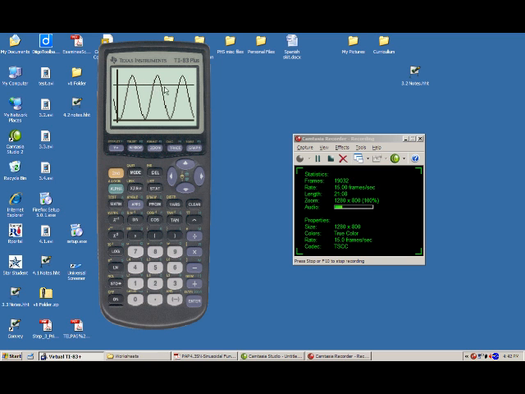1, 2, 3, 4, 5. You want to find this intersection here. So when I do second trace 5, I'm going to actually hit up and travel along this line. It'll be a little bit quicker. Enter, enter, enter.